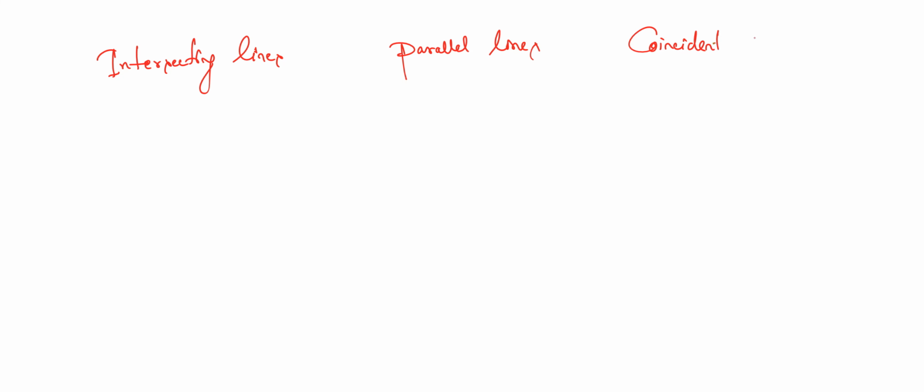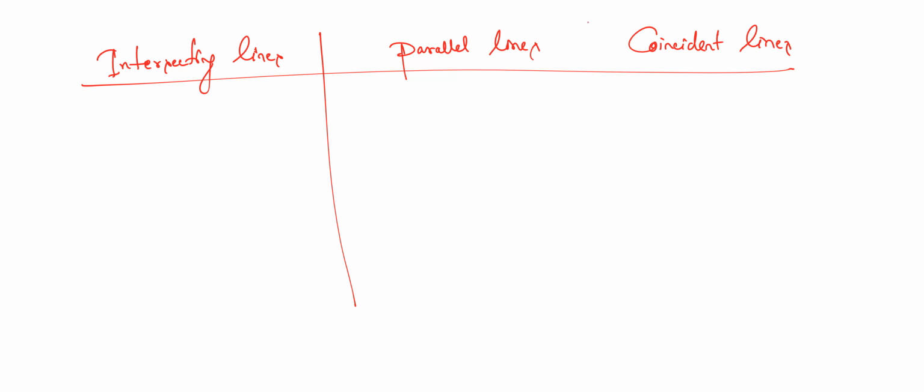Which are those? Intersecting lines, parallel lines, coincident lines. Is it? Understood?